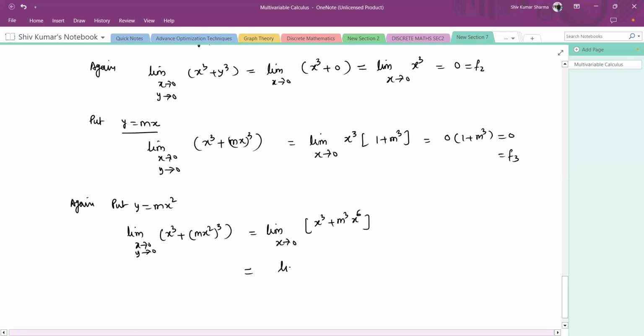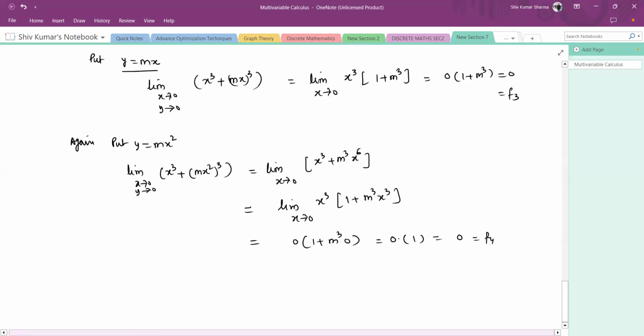When we take x cube as common, this gives us 1 plus m cube into x cube. Now when you substitute the limit as x tends to 0, this gives us 0 into 1 plus m cube into 0. So this is 0 into 1, which gives us 0. So this is our function f4.